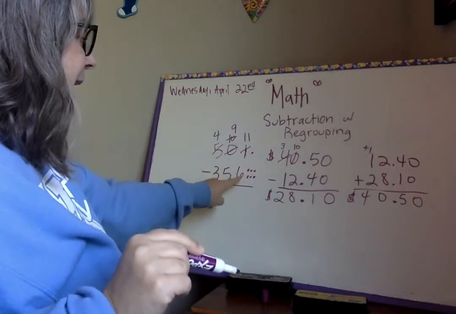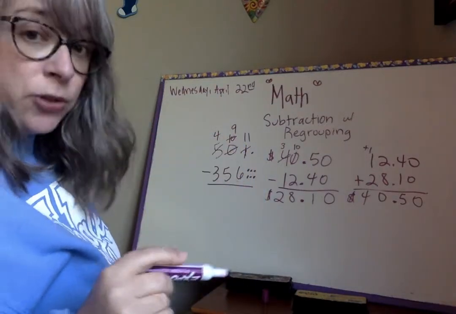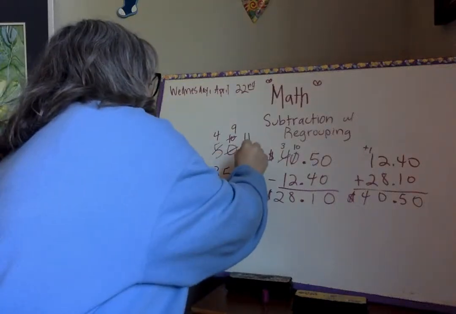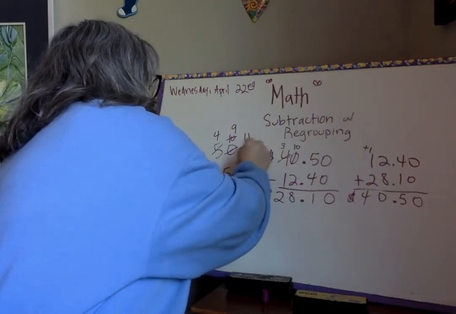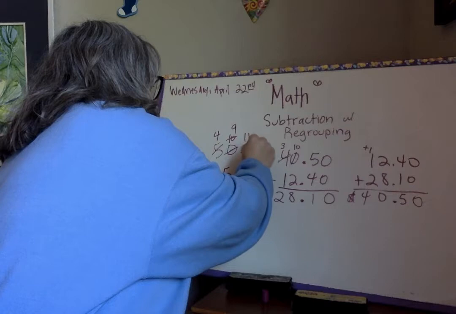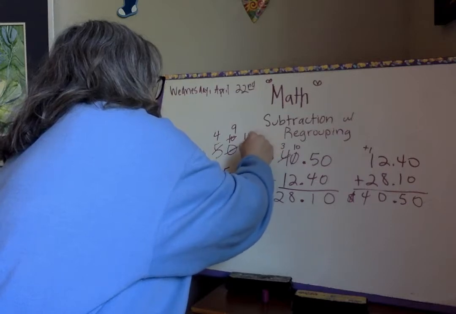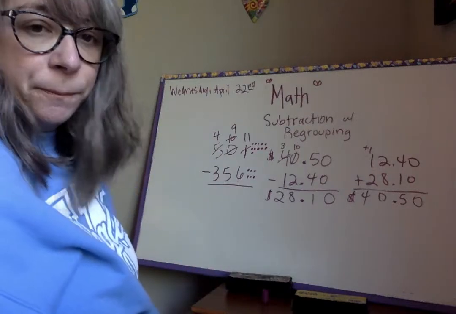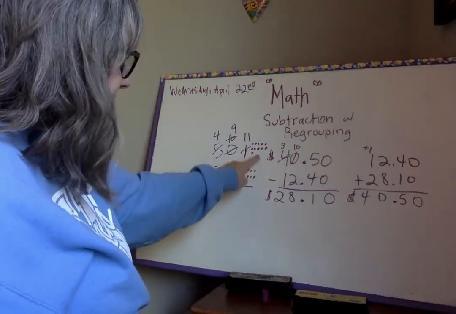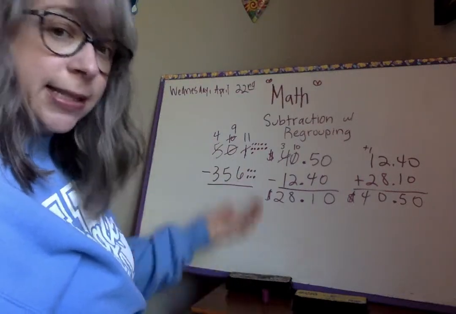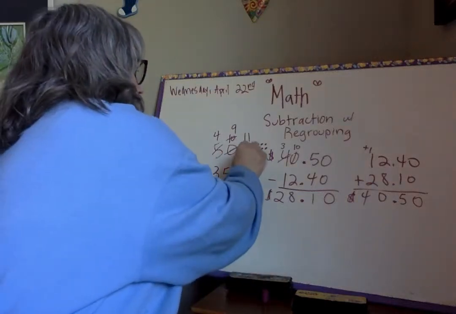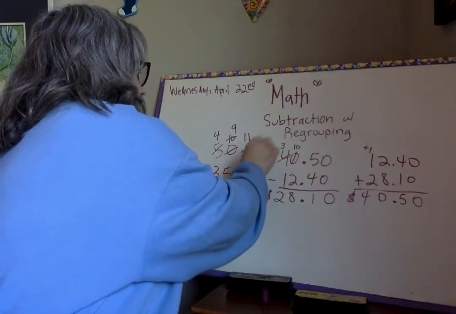So can we take 6 out of 11? We sure can. So we're going to add 10 to this. 1, 2, 3, 4, 5, 6, 7, 8, 9, 10. All right? So can we take 6 out of 11? We sure can. Let's take away 6. 1, 2, 3, 4, 5, 6.